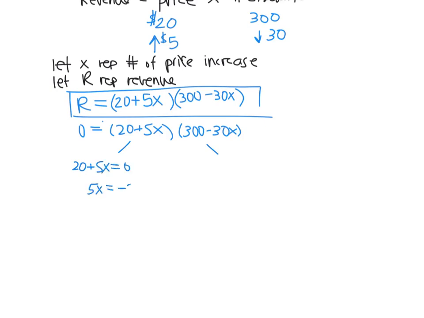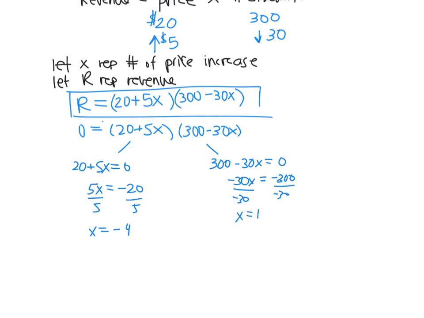When I bring the 20 over, it is negative. Divide both sides by 5, and x equals negative 4. Then I do the same on the other side. Set my bracket equal to 0. Bring the 300 over, it's negative. And then I'm dividing both sides by negative 30, which gives me 10.